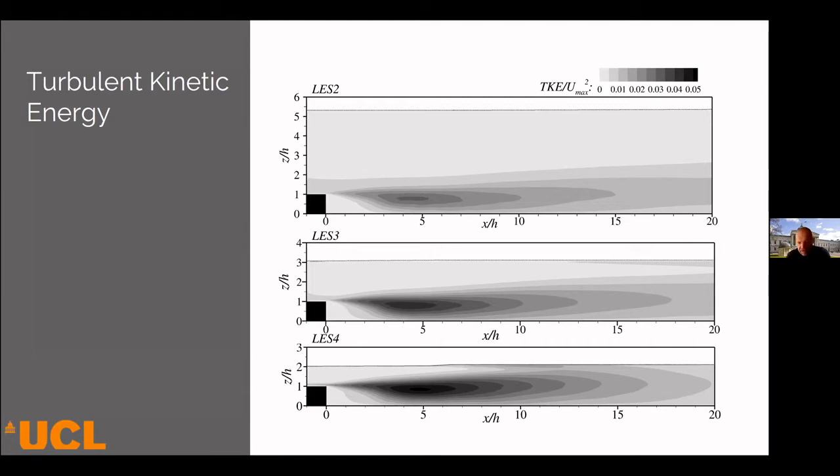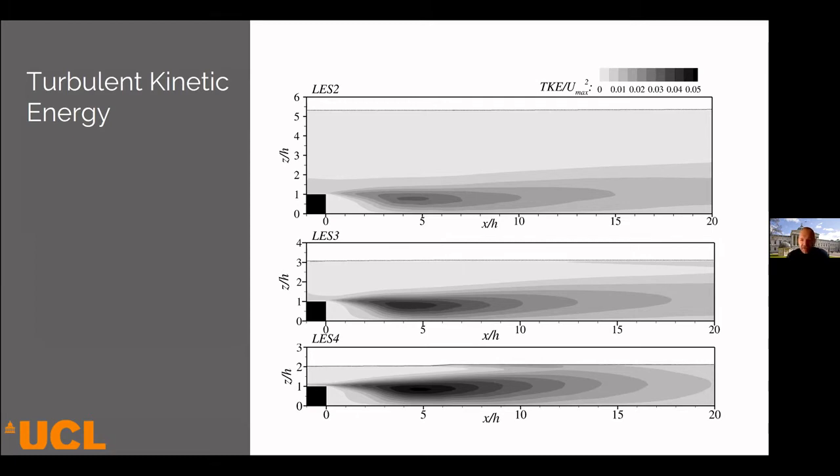Yeah. So sorry. Starting again from that slide, if you see the TKE contours now. We've looked at 3 cases: LES2, LES3, LES4, the different water depth. The white bit above the gray is air, and the line here indicates a water surface.